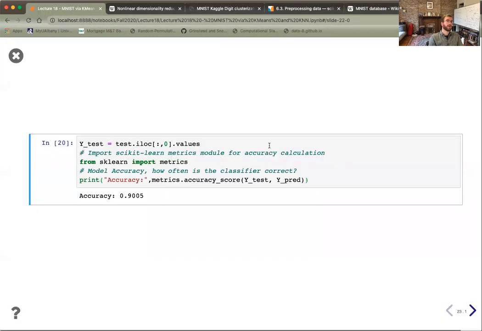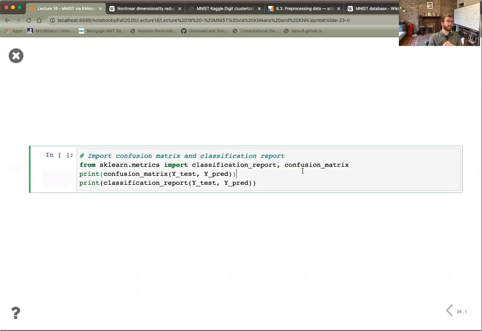Very often the name of the game in data science is trying to drive this accuracy rate up even by 0.1%, because that can be that much more useful or profitable. But either way, still pretty good.